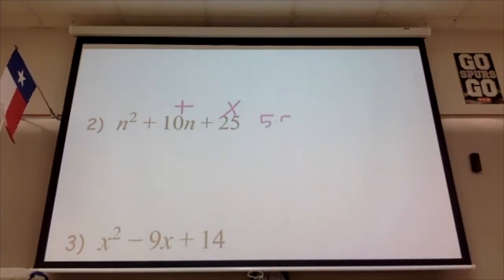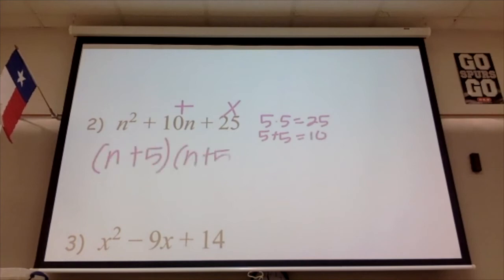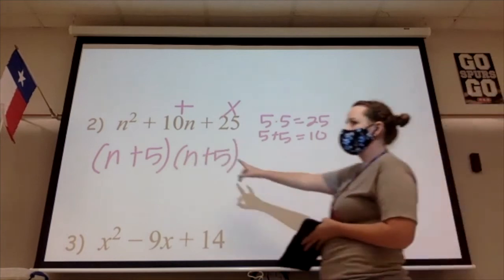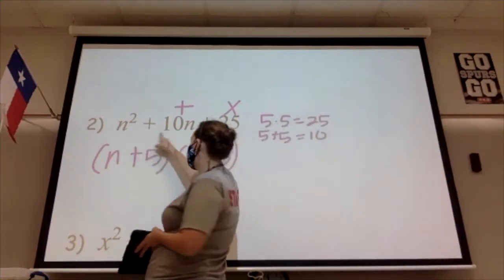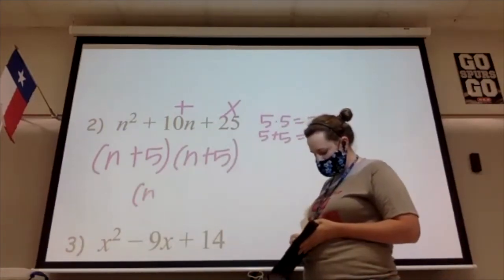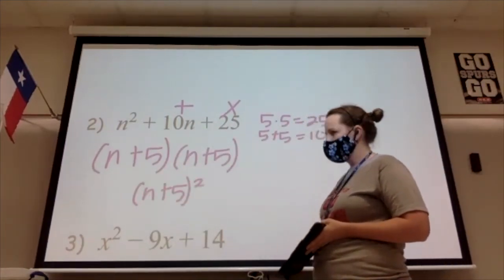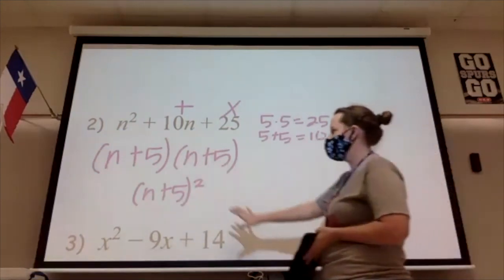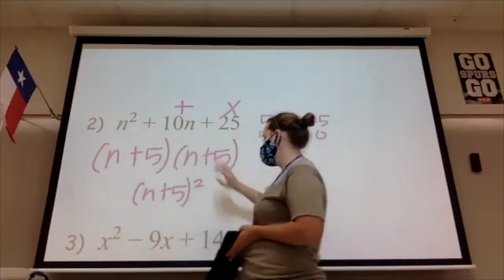Okay, 5 times 5 is 25, yep. 5 plus 5 is 10. So then you would write your factors as n plus 5 and n plus 5. Meaning if we FOILed these out, if we distributed them out, we'd get back to this. Okay, this can also be written as n plus 5 to the second power because you're multiplying this whole thing times itself.